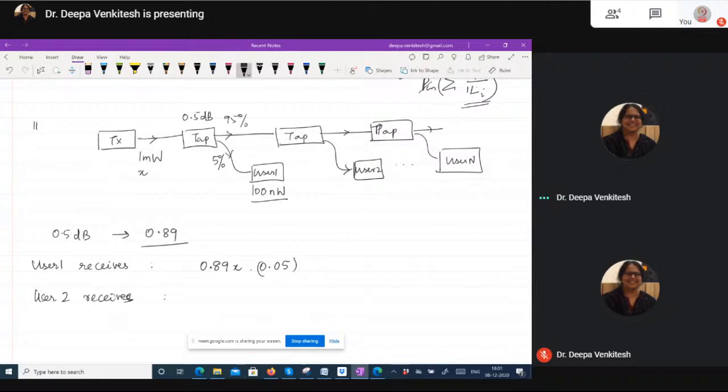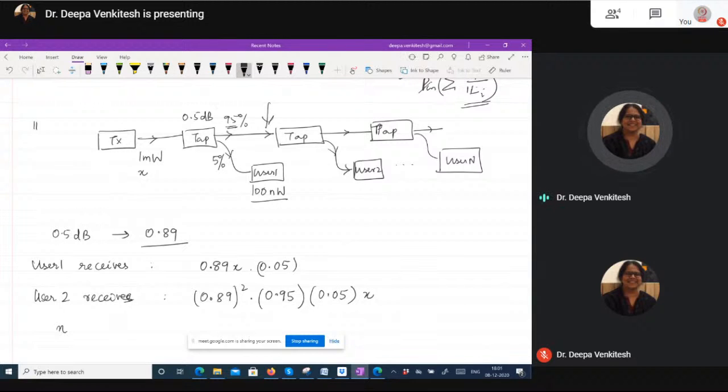He has 0.89 squared because it goes through 2 tap couplers, and it is also crossed. He is also receiving only 0.95 of that. So 0.95 times 0.89 is what reaches at this point. And of that, he is receiving only 0.05 times the x.